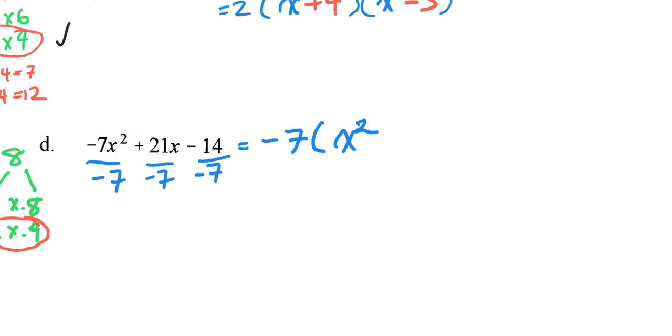Positive and negative gives us a negative, and 21 divided by 7, what does that give us? 3. Done. So it's -3, and we're left with an x. And then we have a negative divided by a negative gives us a positive. And we have our final thing here, negative x squared minus 3x plus 2 as our final answer.